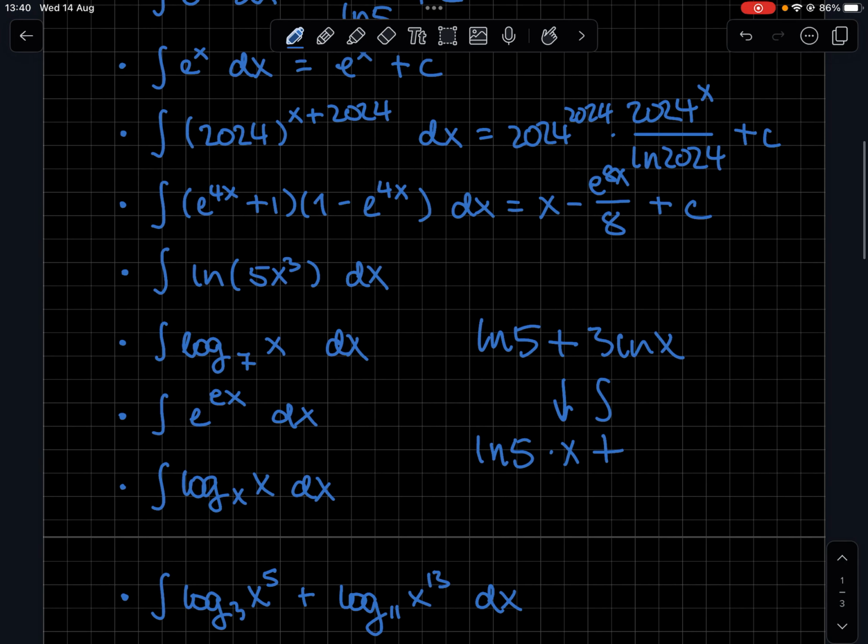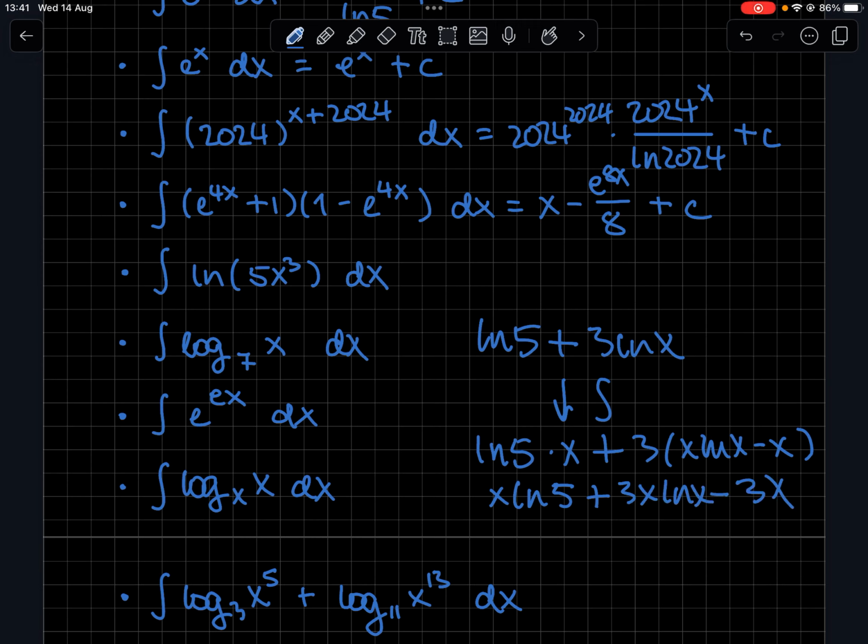So we get plus 3x ln x minus x. And if you were to fully expand this out, you can say x ln 5 plus 3x ln x minus 3x. Okay.